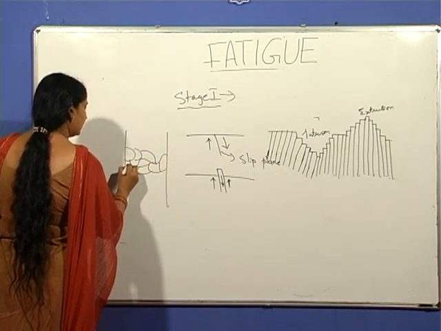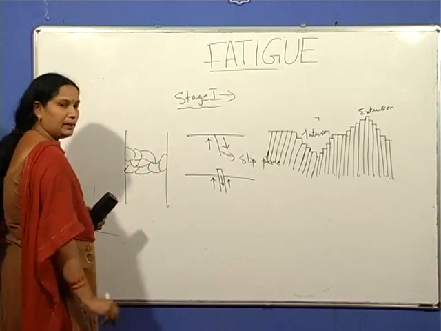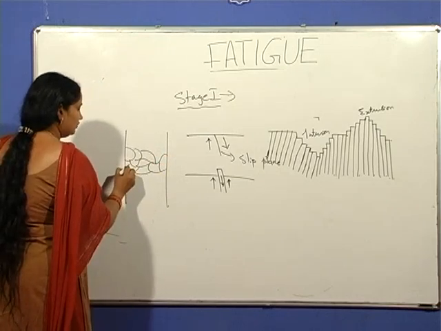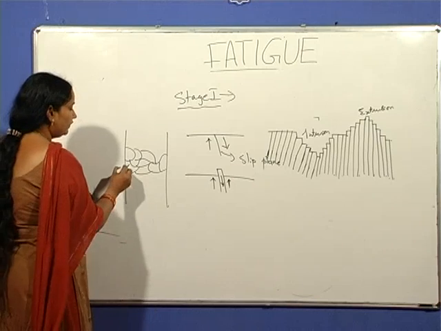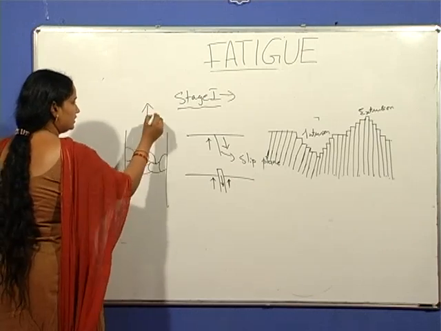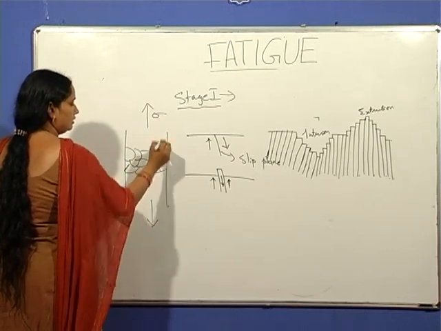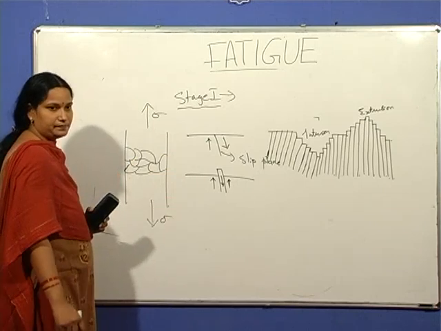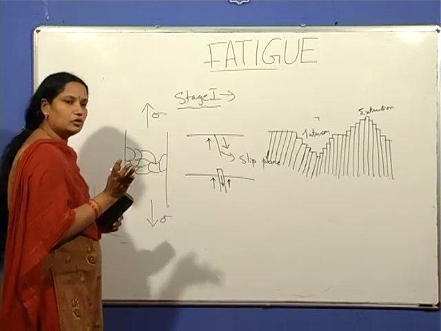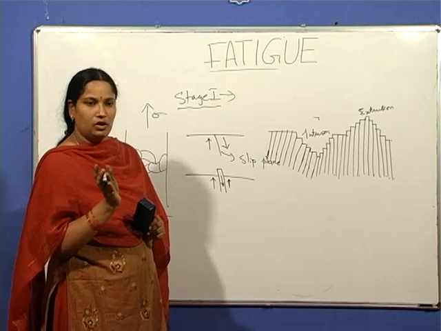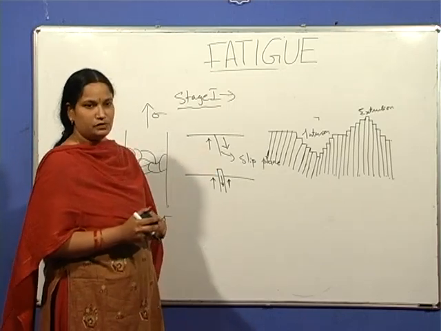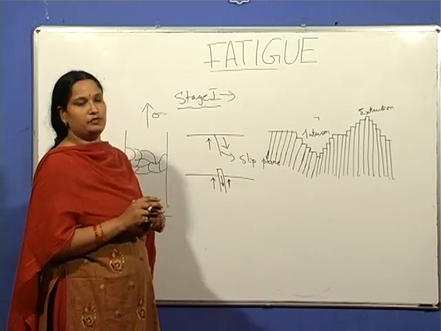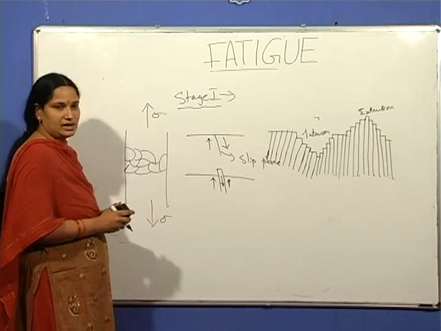Initially the crack propagates in a direction which makes an angle of 45 degrees to that of the principal tensile axis. The crack grows along the slip bands which are at an angle of 45 degrees to the principal stress direction.